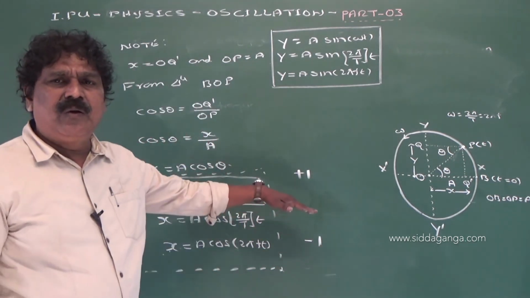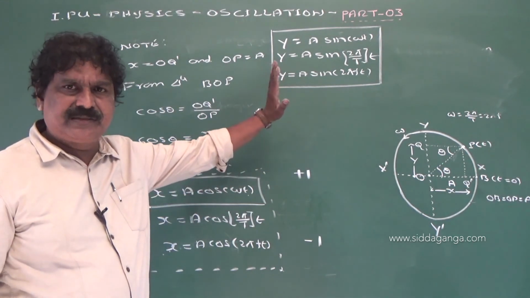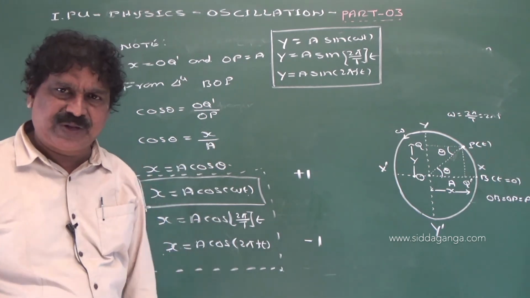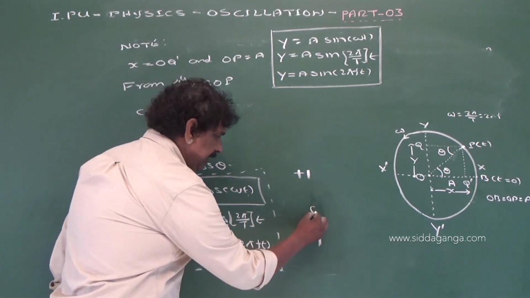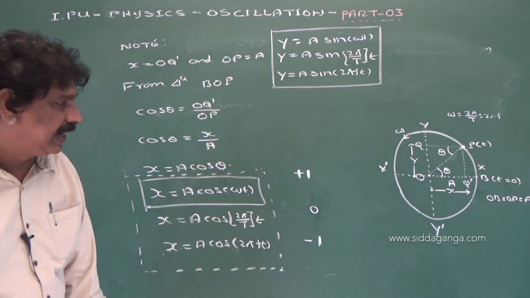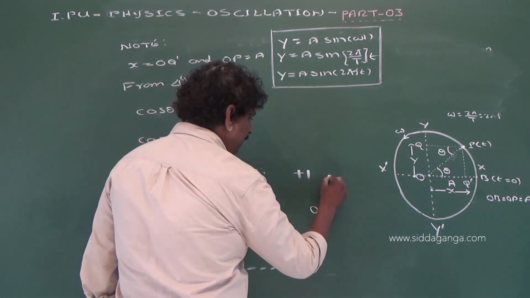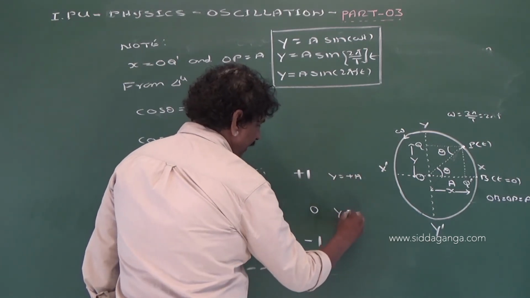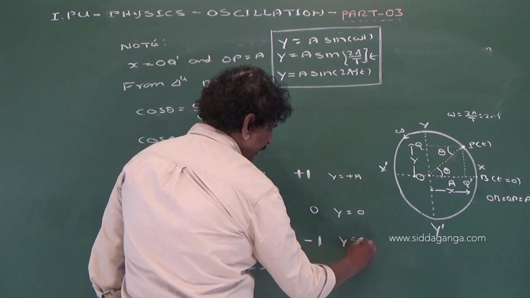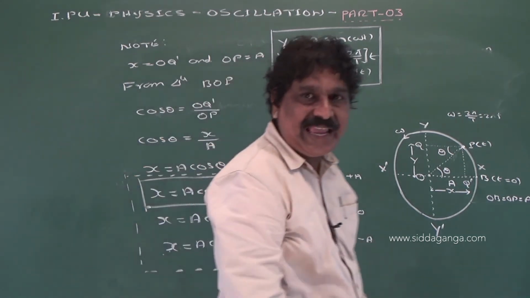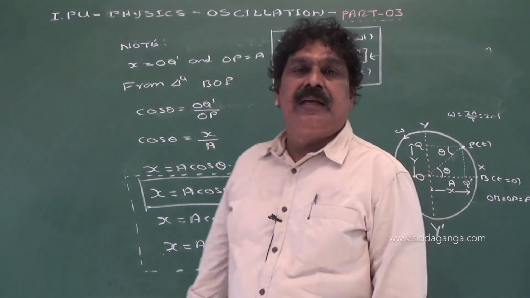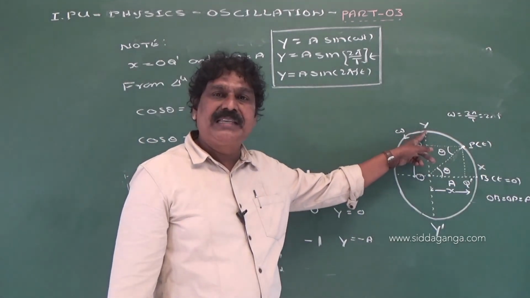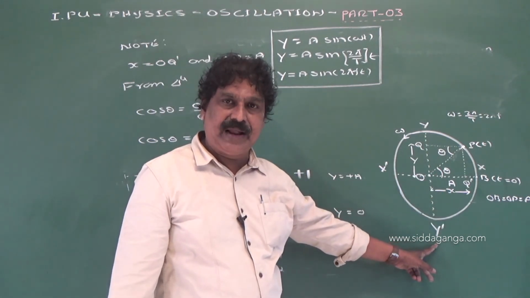We cannot have plus 1.5 or plus 1.6 as the sin theta or cos theta value, or minus 2, minus 3, minus 4, etc. And it can have 0. Now, this is maximum displacement, y is equal to plus a, y is equal to 0, and y is equal to minus a. So y can take values between plus a and minus a.